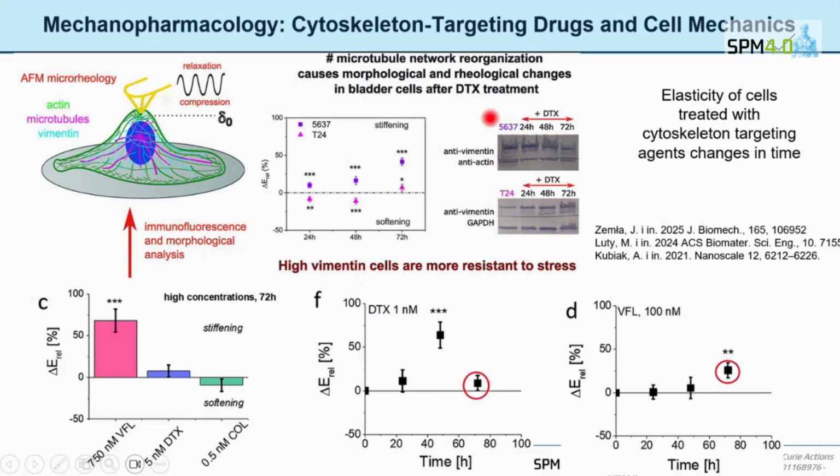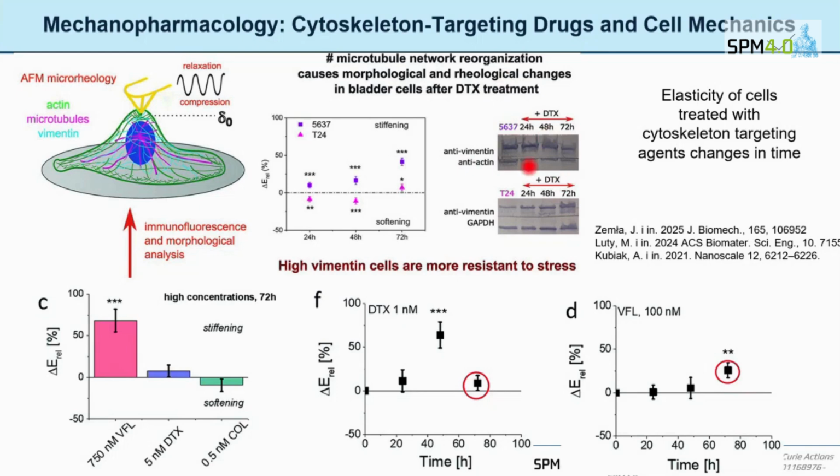Biological examinations showed that in the case of transitional cancer cells, we observe an increase of vimentin, which are intermediate filaments. So there is some kind of crosstalk between those three cytoskeletal elements: when we damage one of them, the other two reorganize to avoid changes in the mechanical properties of the cells, which are important for metastasis.